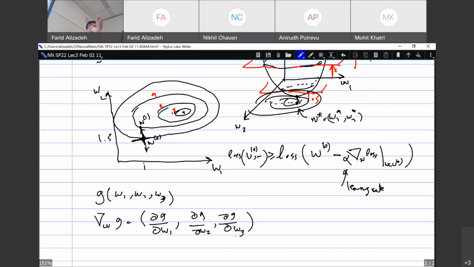So it's a vector, and in the W plane, that means it's a direction. The negative of that is called the steepest descent or the gradient descent. You may see GD. So this is called the gradient descent method, or the steepest descent method. It's the simplest method you can think of.